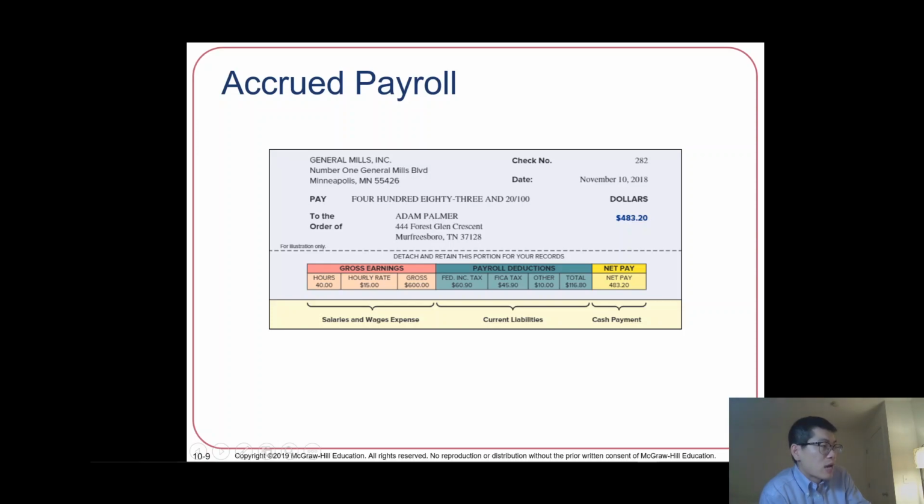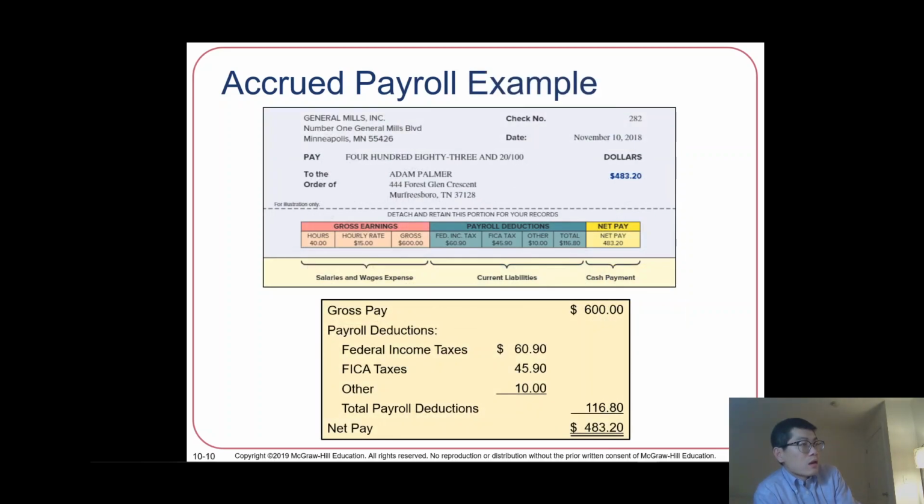This is the amount of money you can really spend anywhere you want after you receive the check. So, gross pay and payroll deduction. The payroll deduction will be deducted from your gross pay. Even though you earn $600, it is the employees' responsibility to pay these to the federal government and the local government.